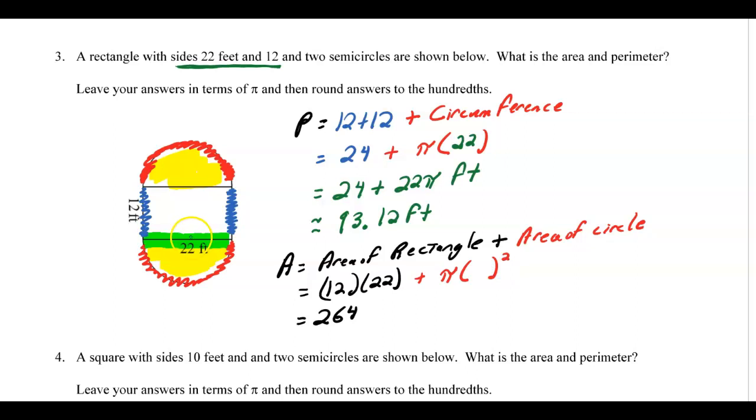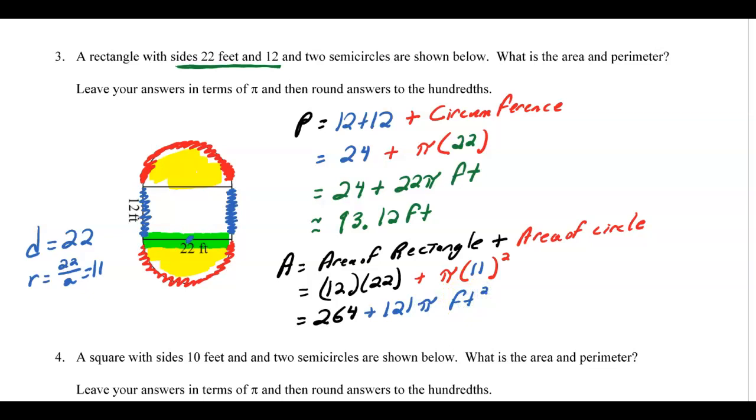And looking at this picture, the 22 is the diameter, which makes the radius 22 over 2, which is 11. So I'll substitute 11 in for the radius. Typing in 11 squared, I get plus 121 pi.